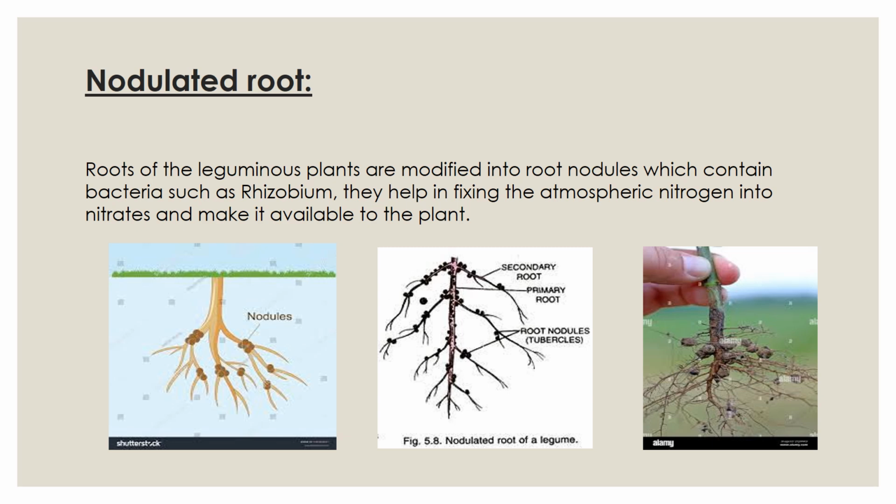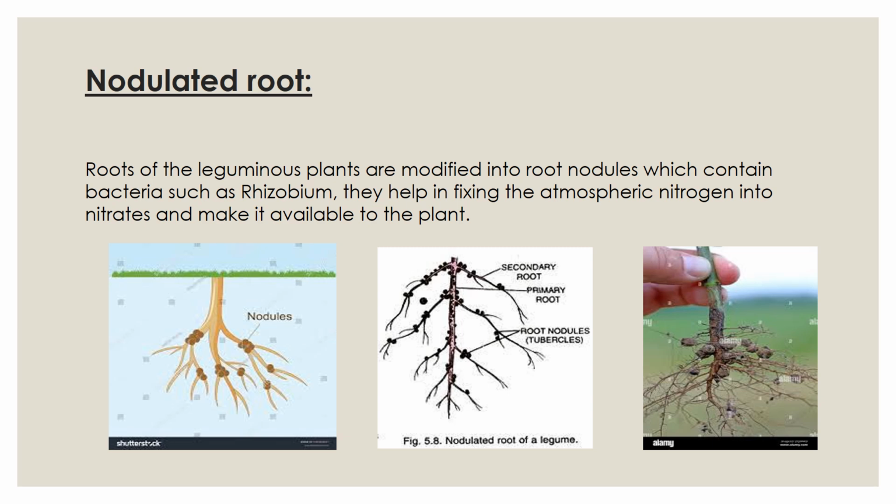So this bacteria, rhizobium, helps the plant to fix the atmospheric nitrogen into nitrates and make it available to the plant. So it's useful to the plant, it's a symbiotic relationship.